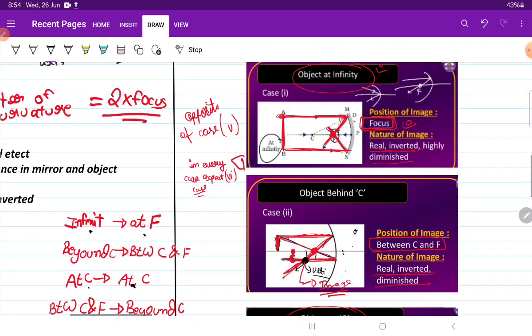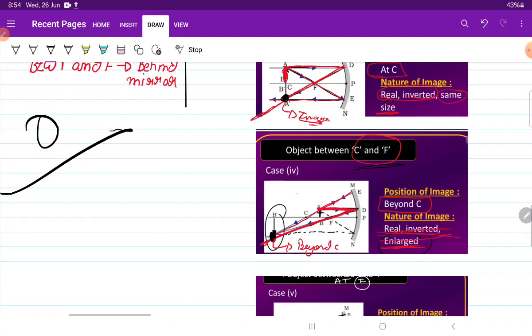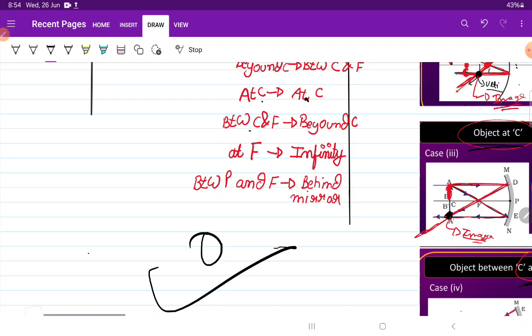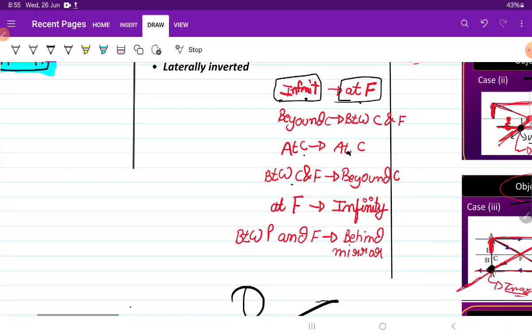At infinity, beyond C, at C, between C and F, at F, between P and F. Now put them in sequence. First, if the object is at infinity, then the image will form at the focus. Now if the object is at the focus, the image will form at infinity. So these are opposite cases. For infinity, focus will be there; for focus, infinity will be there.